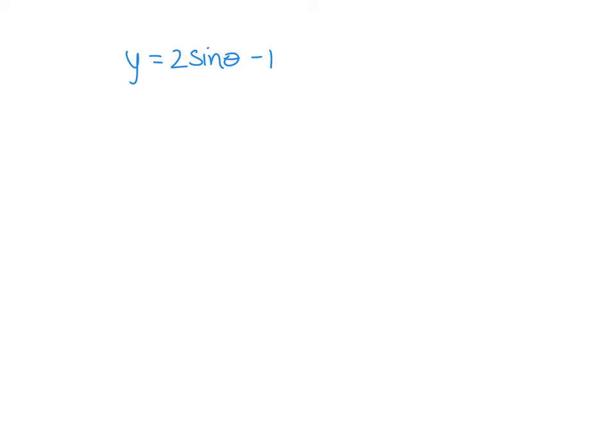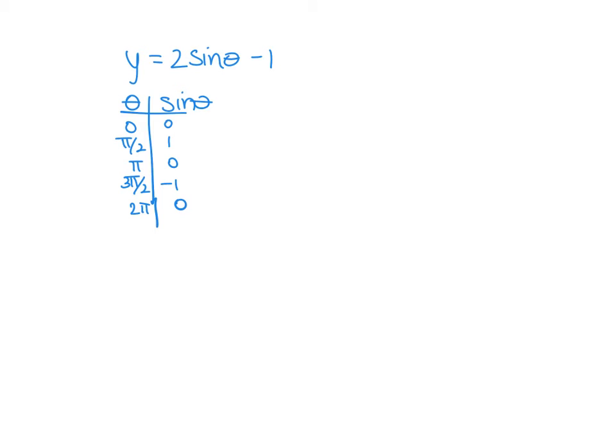Okay, so what we have here is y equals 2 sine theta minus 1. Again, the input is theta. Our parent graph is sine theta, right? So now, let's think about back in the beginning of the year. We have a vertical stretch of 2 and a vertical shift of down 1.